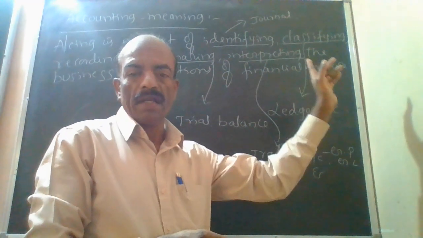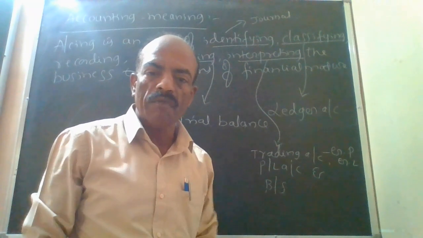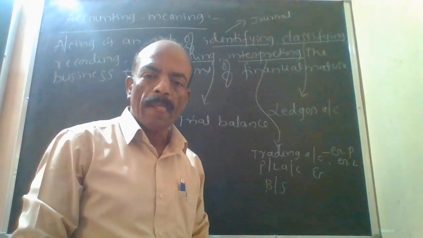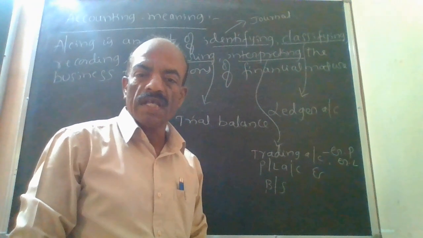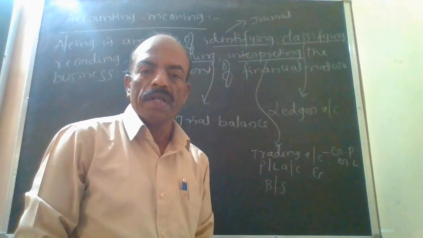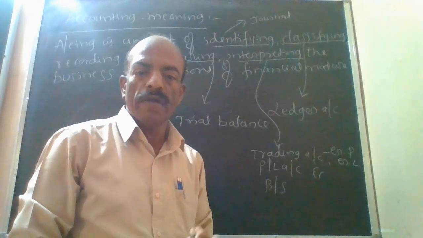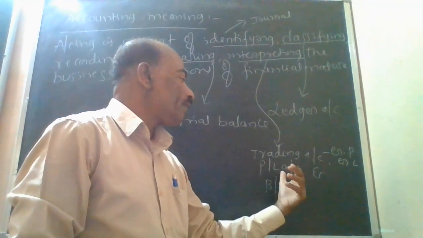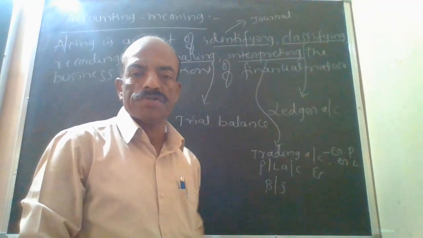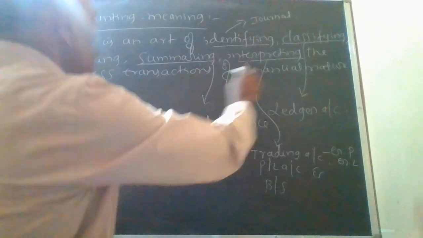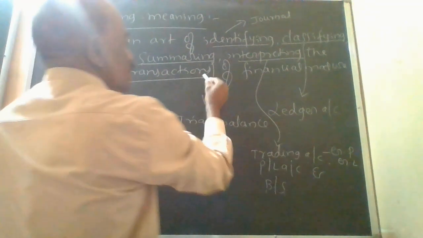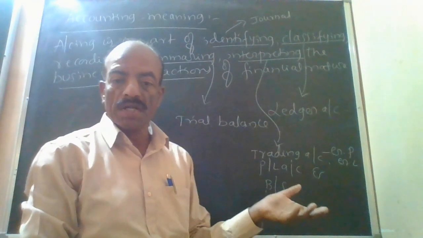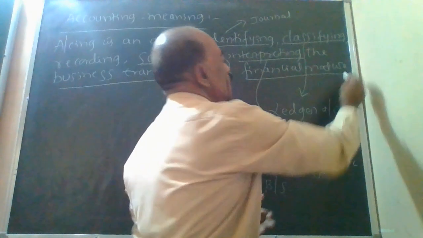Interpreting means finally, at the end of the year, we have to interpret whether the firm or business earns profit or incurs loss. How do we find out? By preparing the trading account, profit and loss account, and balance sheet.